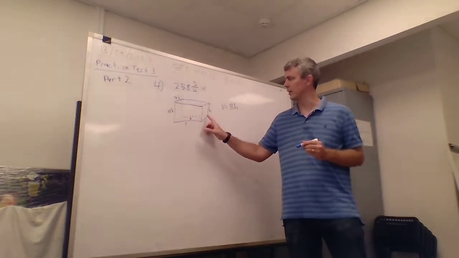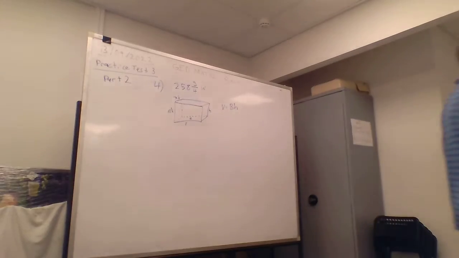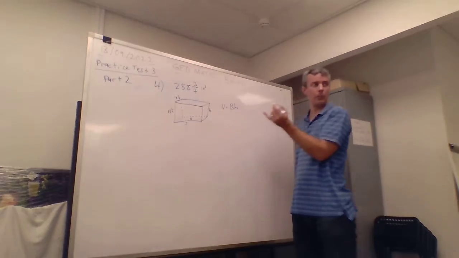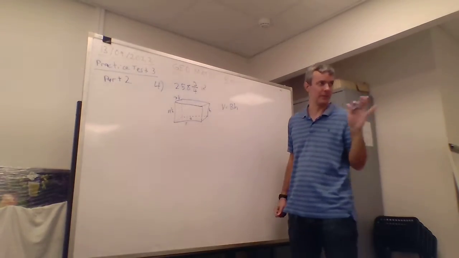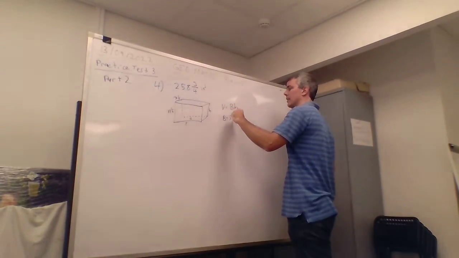So the area here is a rectangle. And what is the formula for the area of a rectangle? Length times width, right? Okay, so this is something that the formula sheet's not giving you because it's 2 pieces. So you have to kind of remember B equals length times width.